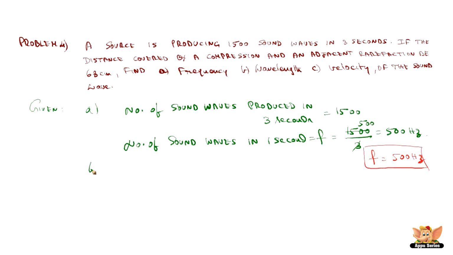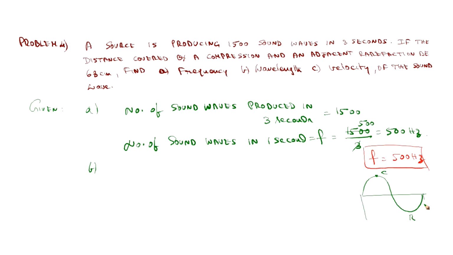Now let's see B, wavelength. In the question itself the wavelength is given. He says the distance covered by a compression and an adjacent rarefaction is 68 centimeter. We know that the wavelength is defined as the distance covered by a compression and an adjacent rarefaction. If you draw a wave, this is the compression and this is the rarefaction.